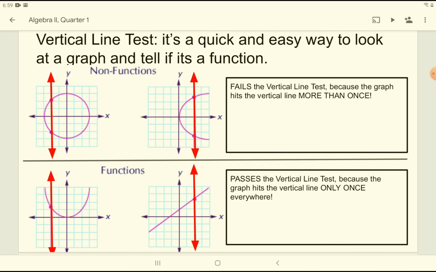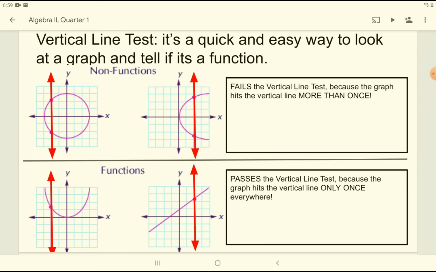They look very happy together. Okay, so now let's talk about the vertical line test. I hope you guys remember, but it's okay if you don't. So, vertical line test. It's a quick and easy way to look at a graph and tell if it's a function. So it's really simple.